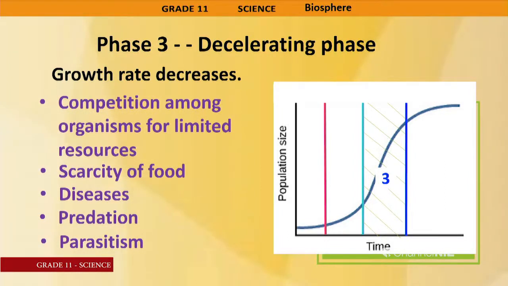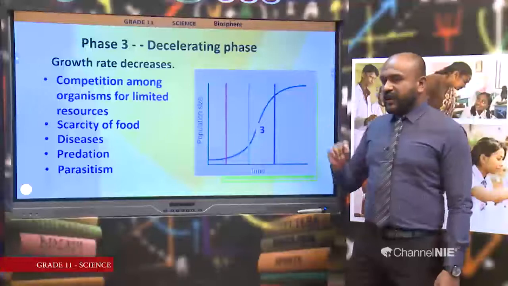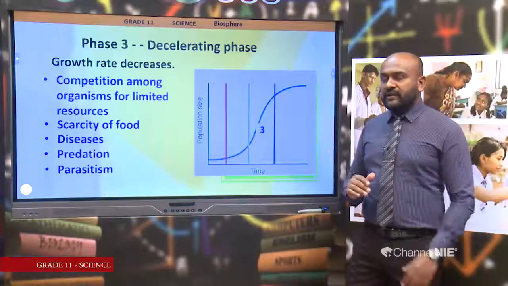Now, the resources become limited, as I told you. So, automatically competition arises among organisms, and scarcity of food, diseases, predation, parasitism, all these things happen when the population increases. So, that results in reducing the number of organisms in the population. So, what can you say about the birth and death rate at this phase?